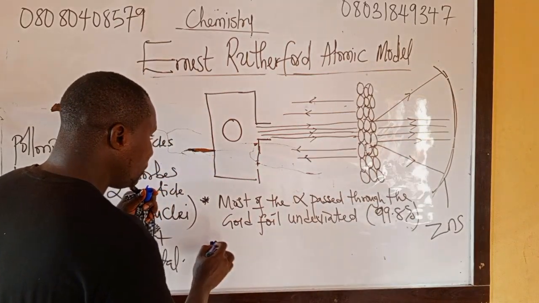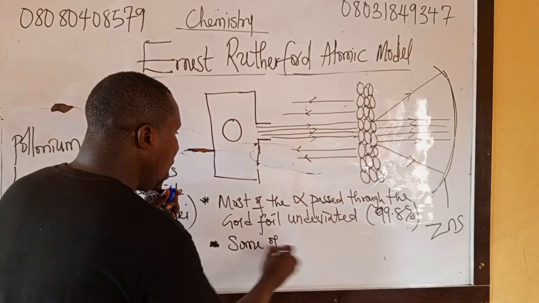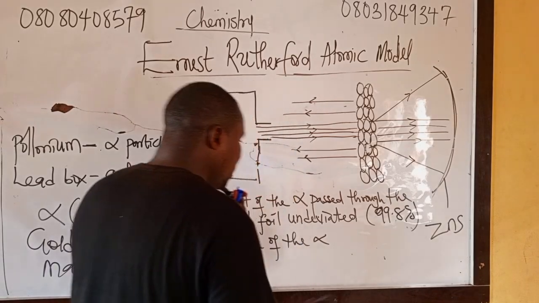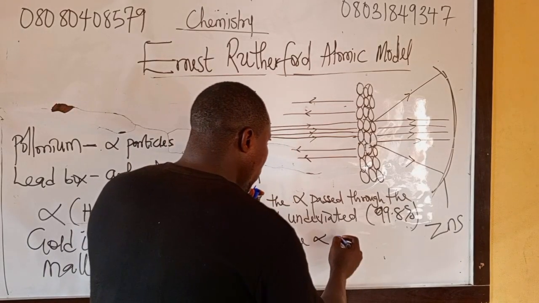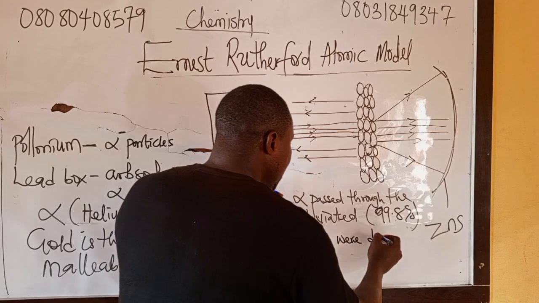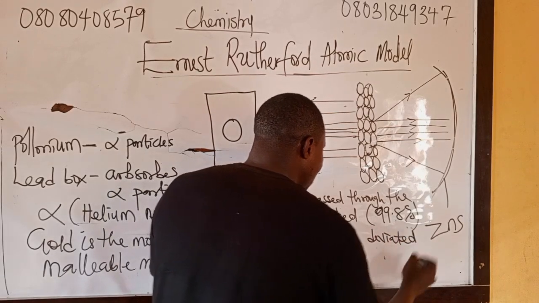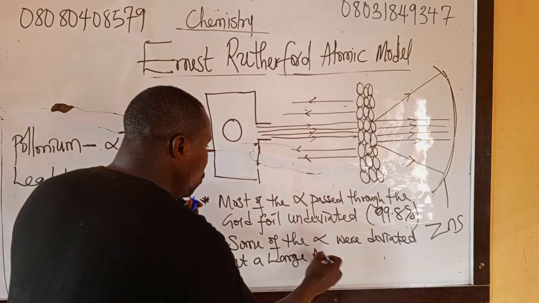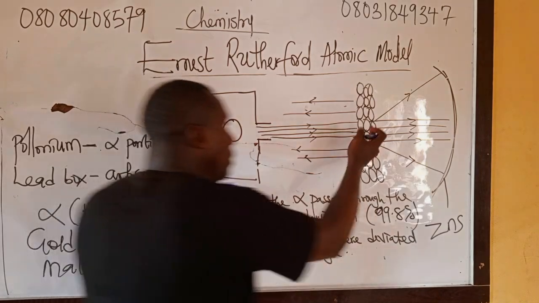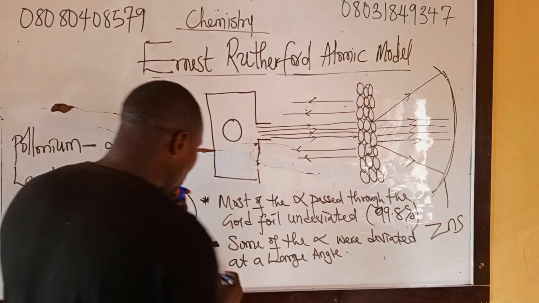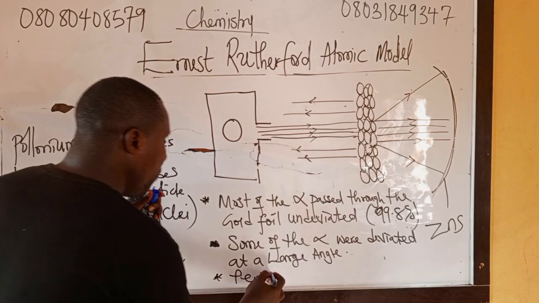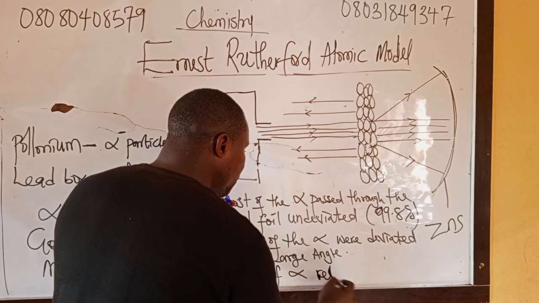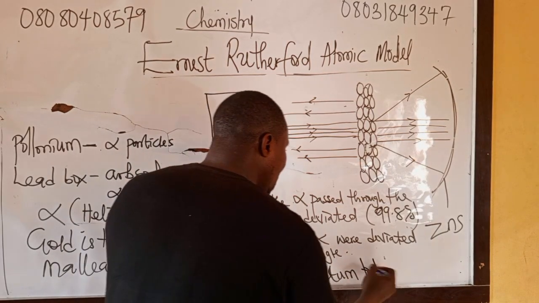Then another thing, some of the alpha helium nuclei were deviated at a large angle, while few of the alpha helium particles return to the source.